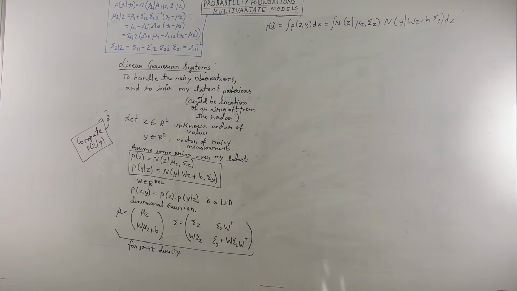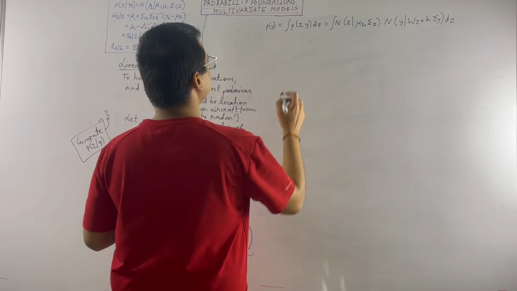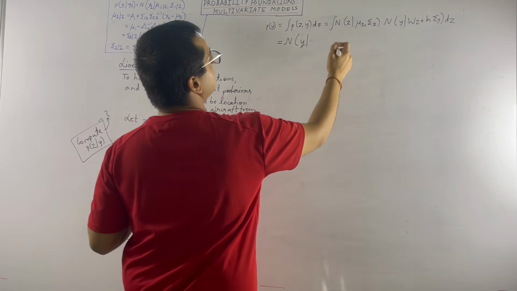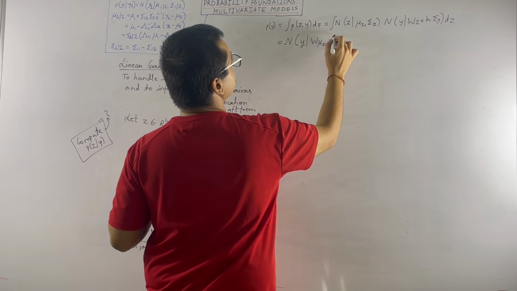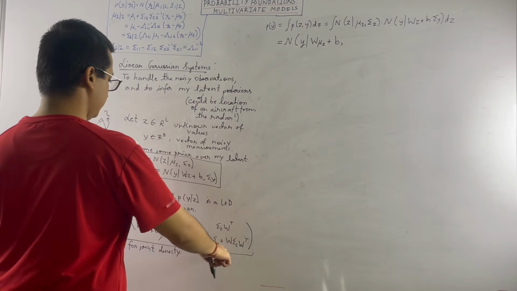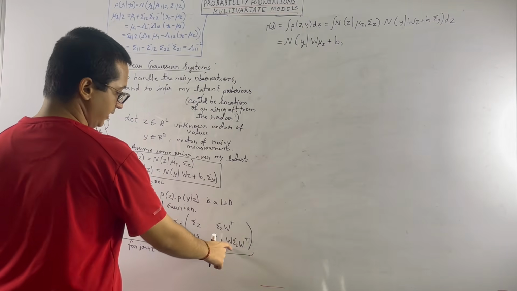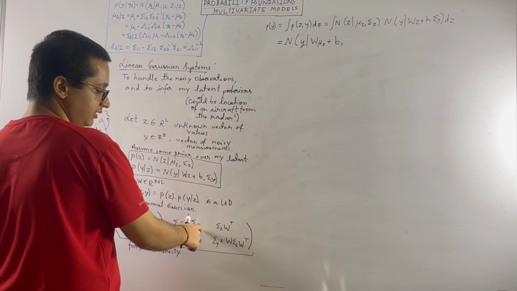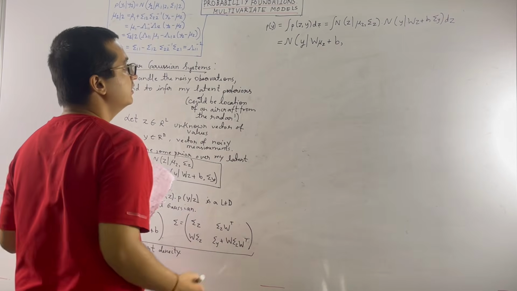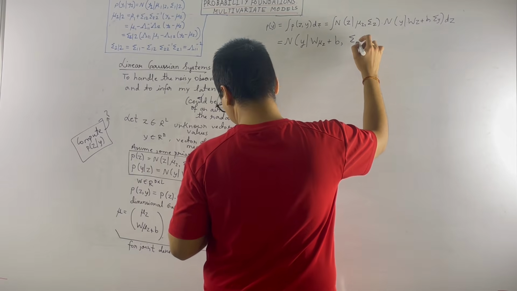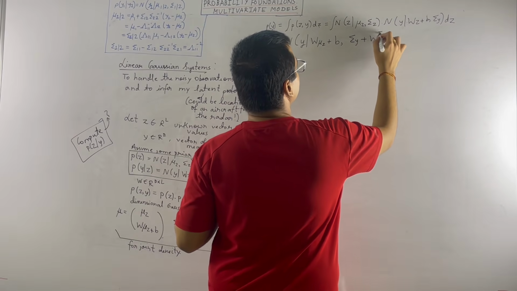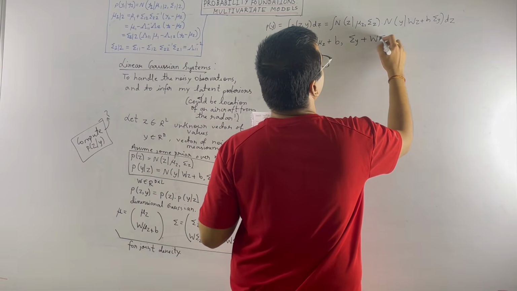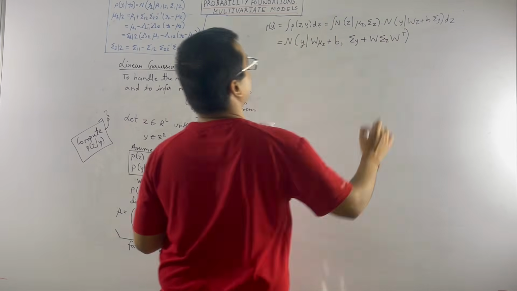Okay. So if you write it, what you will get is that y is sampled from a normal distribution with mean W mu z plus b, and of course the covariance is this part, this sigma yy, because this is for z, so this is for yy, so zz, zy, yz, zz, right? So this should be sigma y plus W sigma z W transpose. Okay, W sigma z W transpose.